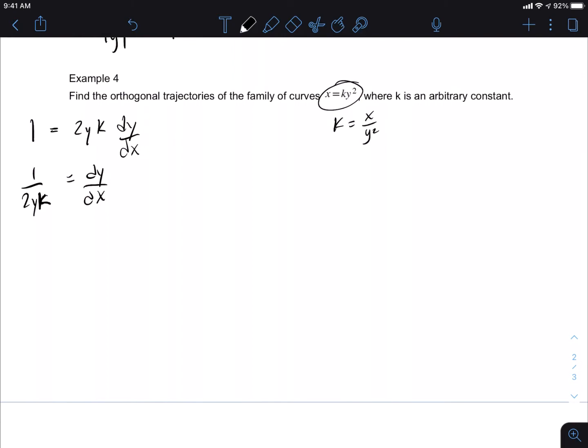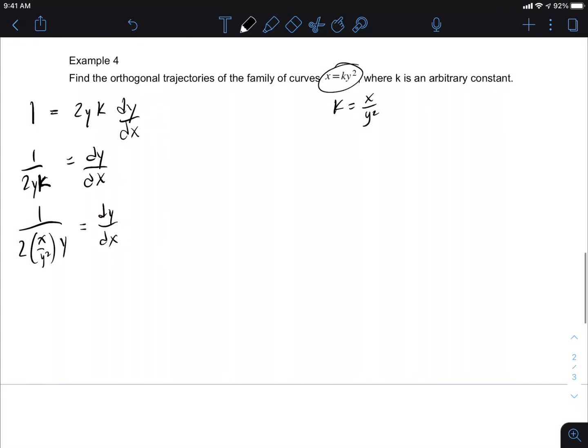Yep. So then I'm going to get dy/dx is equal to 1 over 2 times x over y squared times y. I should have written it the other way, but okay, whatever, same thing. That's going to give me dy/dx is equal to y over 2x.